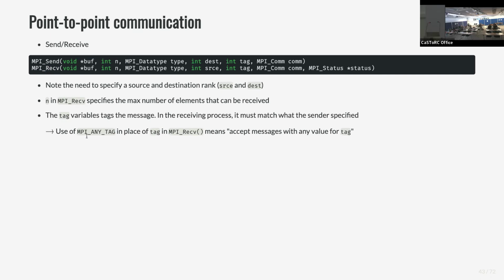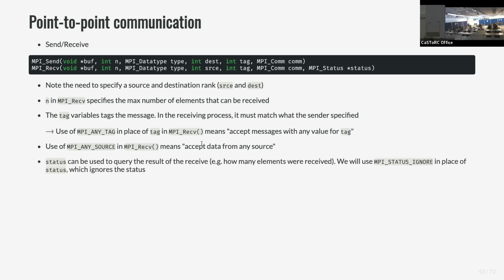You can use MPI any tag as the tag, which will just mean accept messages with any value of tag in the receive. You can also use MPI any source in the MPI receive, which means accept data from any rank, right? Any source.